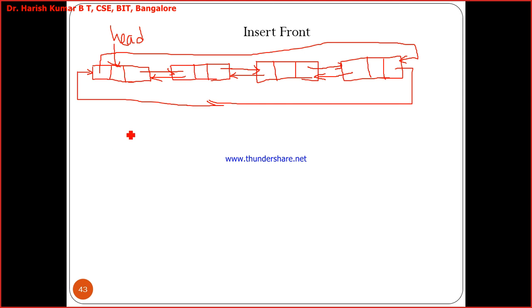Now when you want to insert the new node, this is my new node, and new is pointing to this. Okay, so what do you have to do now? Let me write the addresses also.